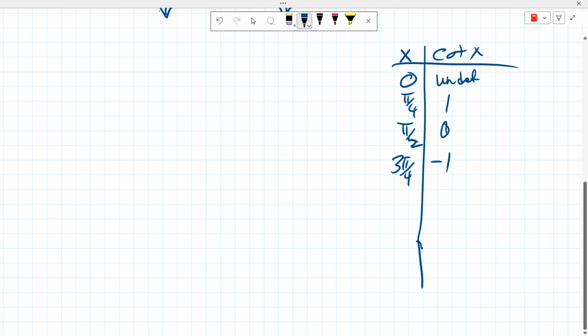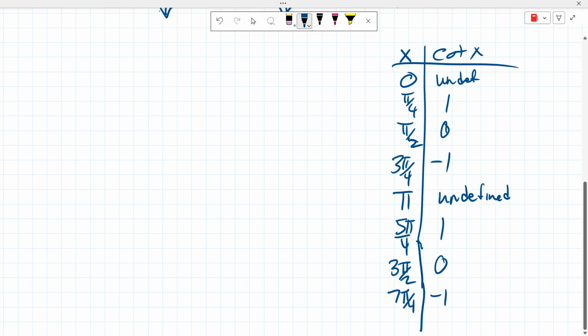Pi, undefined, not 0, undefined. 5 pi over 4, 1. 3 pi over 2, 0. 7 pi over 4, negative 1. And back to 2 pi, undefined again.